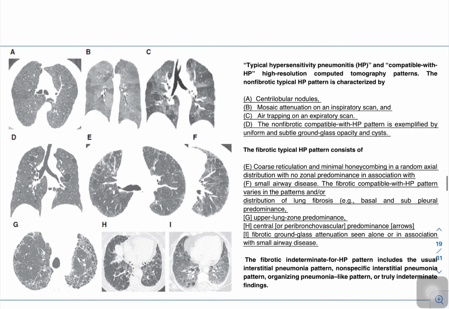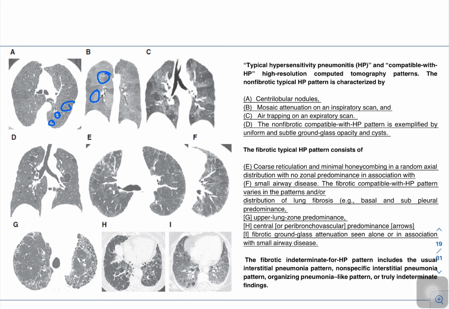Now coming towards some HRCT patterns. As you can see, typical HP and compatible with HP HRCT patterns. The non-fibrotic typical HP pattern is characterized by centrilobular nodules, mosaic attenuation, air trapping on expiratory scan.